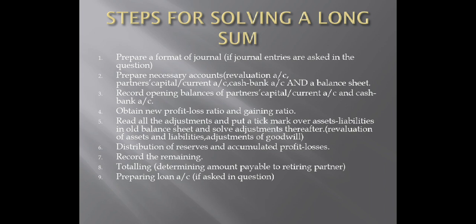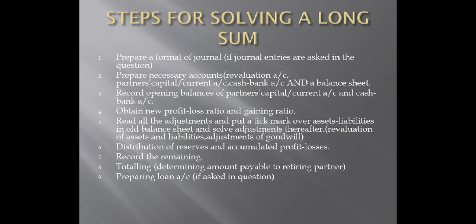I will repeat this. You'll be provided with a question, an old balance sheet and the adjustments below. The very first thing is to check what you are supposed to do. If they've asked you to write down the journal entries, you are obviously going to prepare a format for journal.